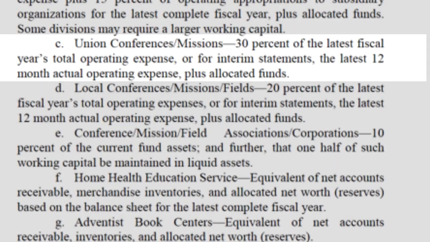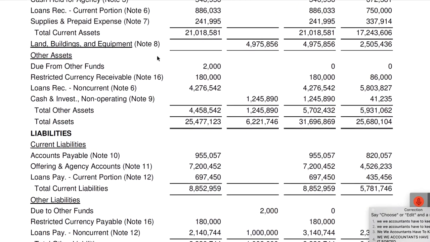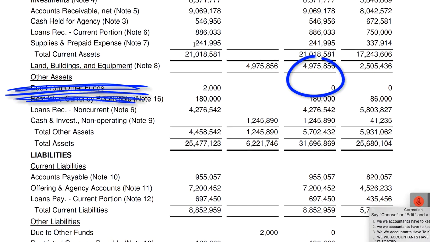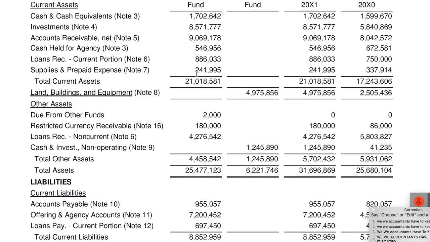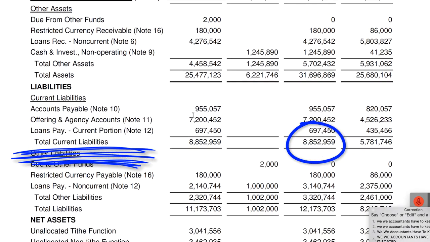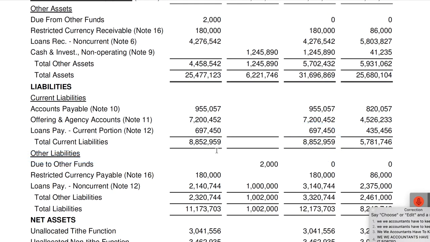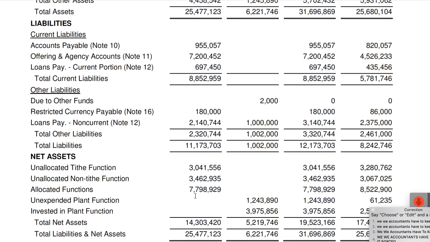All right, so we can come back over here. We have the working capital of 21,018,581, current assets minus current liabilities, right here, of 8,852,959, and that's its working capital. Does it have enough working capital? It's supposed to have 30% of its operating income and enough to cover its allocated.